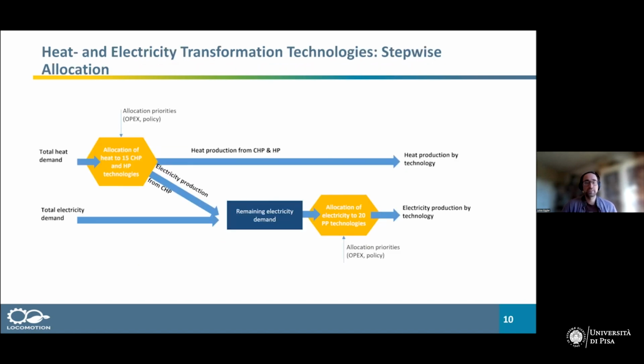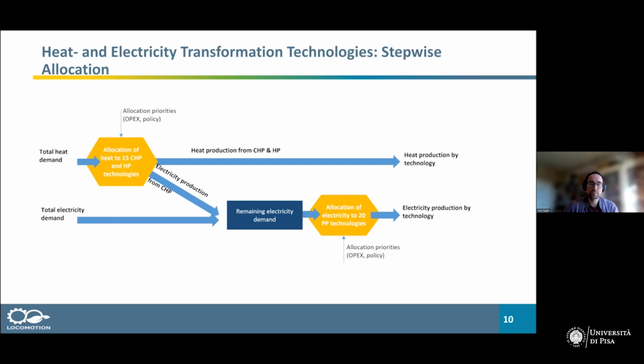For example, here the allocation in the model, we have heat and electricity that we allocate. And we have three types of transformation technologies, which are CHPs that produce heat and power, heat plants that produce only heat, and with heat I mean district heat, by the way, and power plants that produce only electricity.